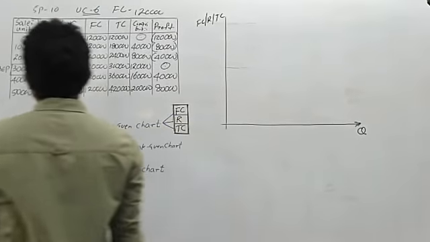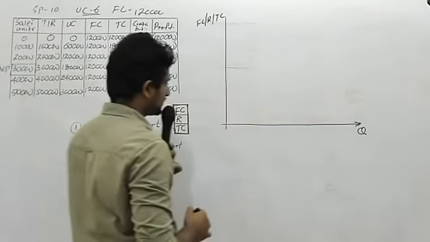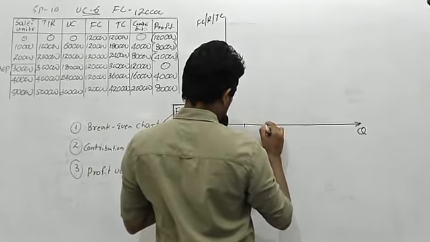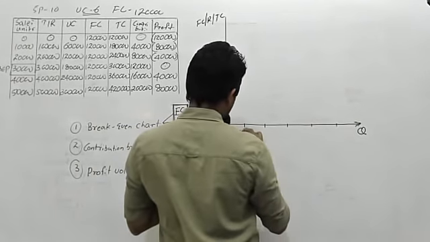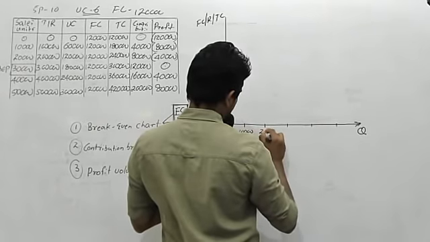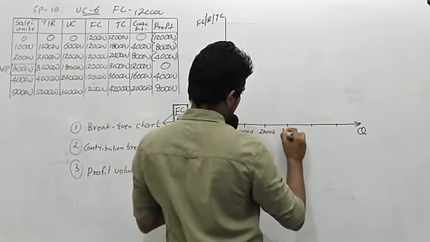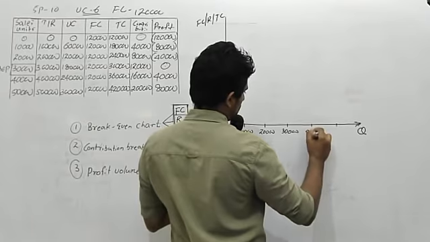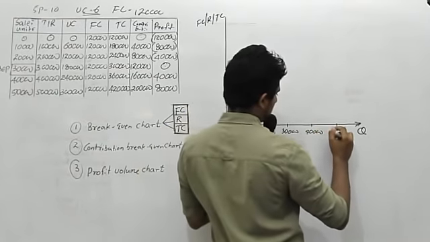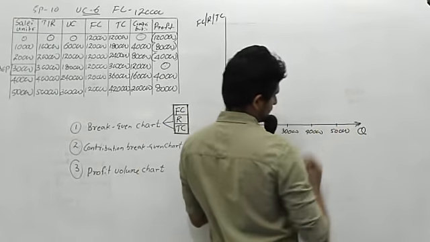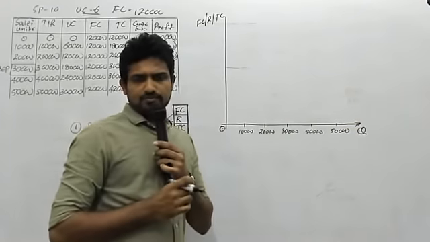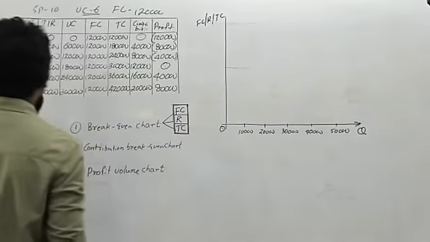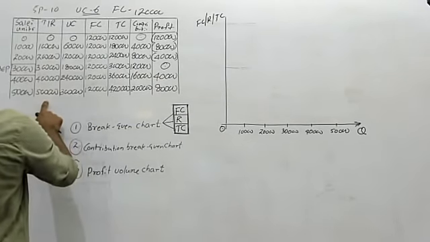On the quantity side, you need up to 50,000 units. Scale should be in a certain way, otherwise, without a scale, you won't get the real shape of the diagram. Up to 50,000, this is 0. When I go to the revenue, there I want up to 500,000.